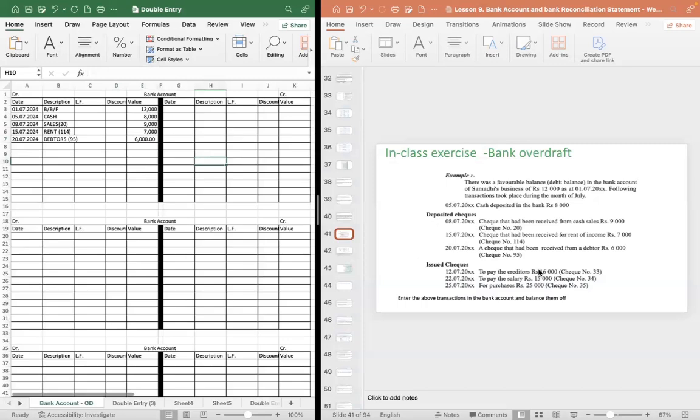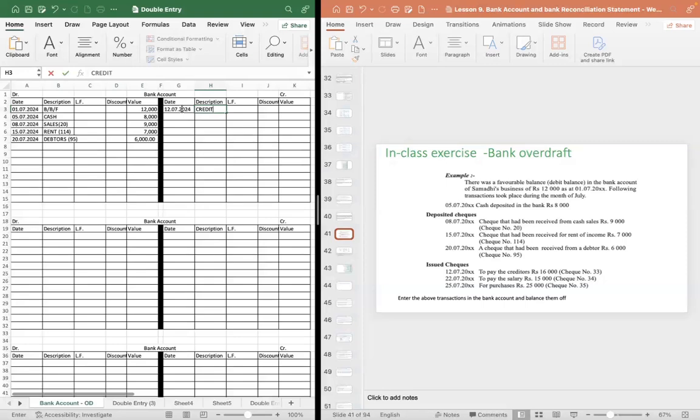And then it's talking about issued checks. Once you issue a check, your bank account balance is going down. When the bank account balance is going down, your asset balance is going down. If assets are decreasing, we credit the account. So on 12th July 2024, pay the creditors 16,000.